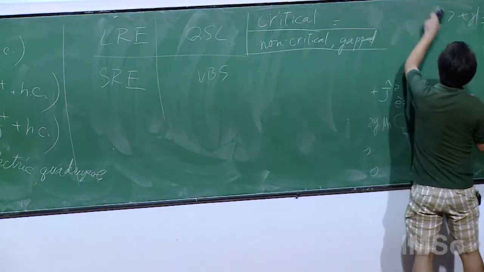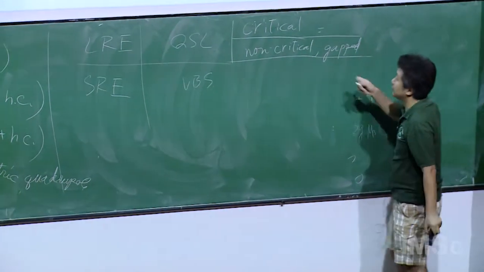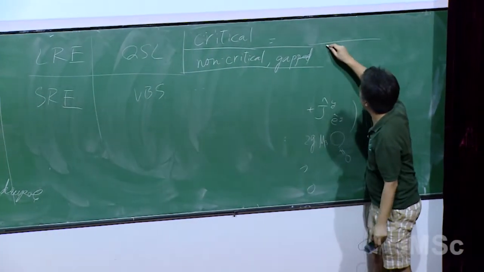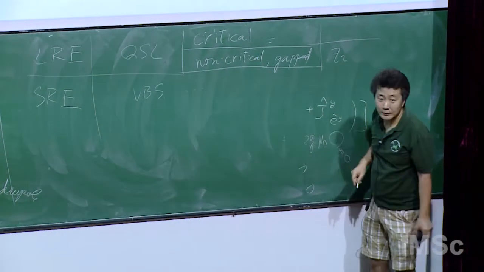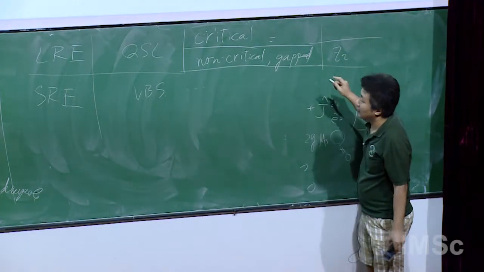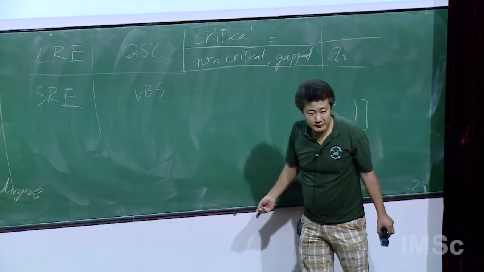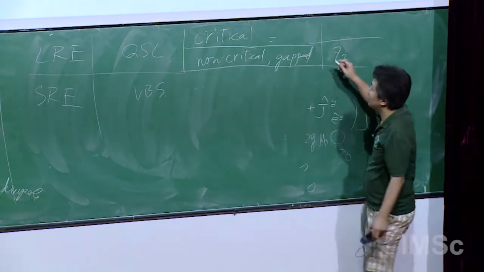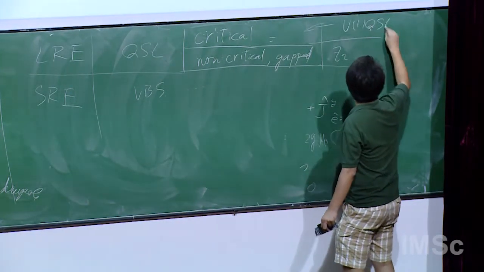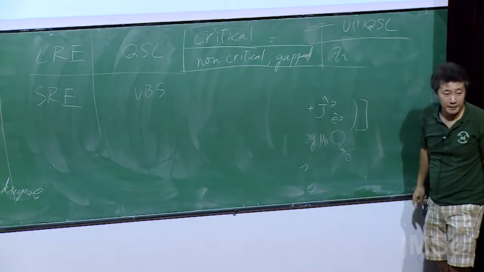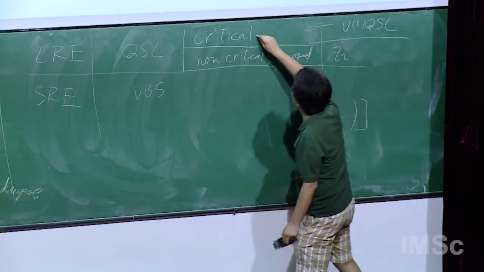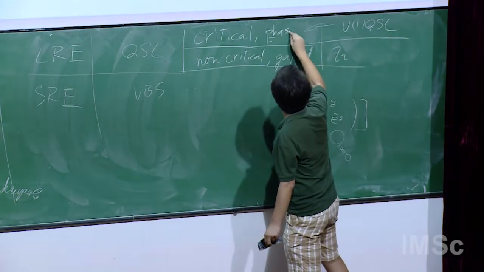Many spin liquid states have gapped excitations, like the Z2 spin liquid, or the toric code model, and so on. But the U1 quantum spin liquid has gapless excitations. Nonetheless, it's not critical. It's just a stable phase.